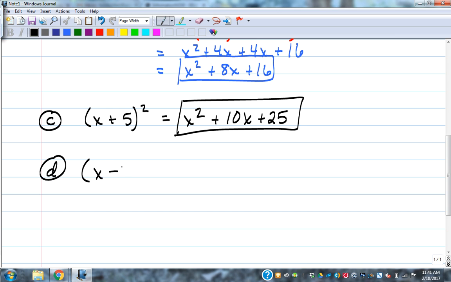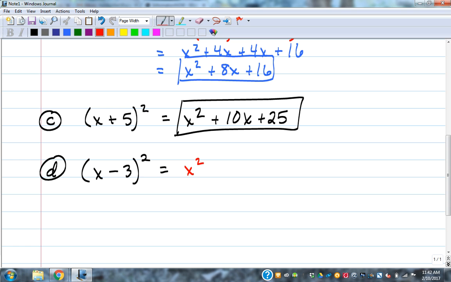Let's try this one, x minus 3. This is a lot like example A, but it's a minus sign instead of a plus sign. So let's try that shortcut again. What's the first piece? x squared, right? We square whatever's in front. When we square x, it's x squared. The middle piece, put them together and double it.